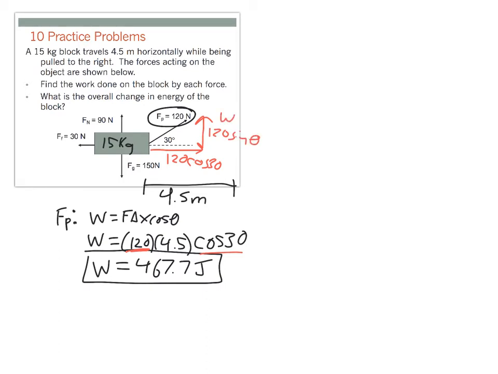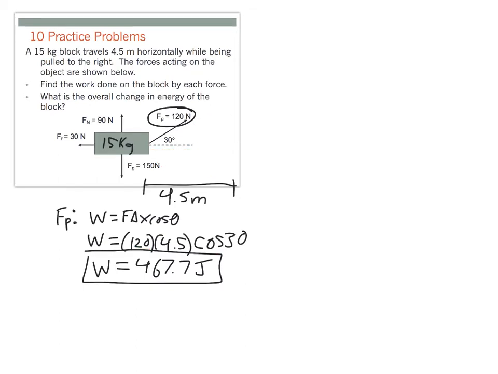So the work done by the Y component would just be zero, and all we'd be left with is that force from the X component. So if you did want to break it into components, you could do that, but you're doing more work than you need to. You can just leave it as F delta X cosine theta and use that full magnitude of the force and just account for the angle between your force and your displacement.